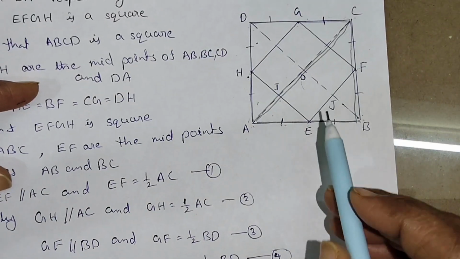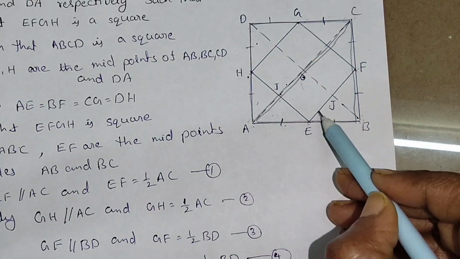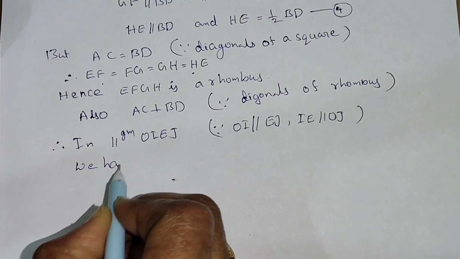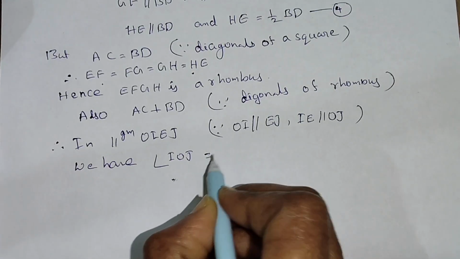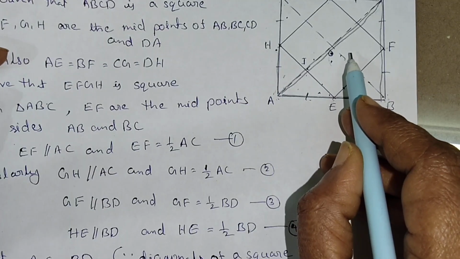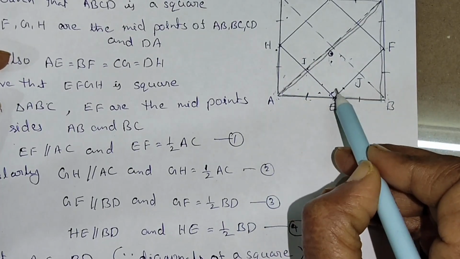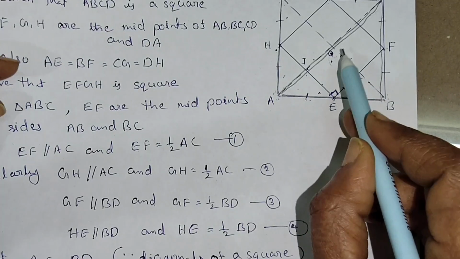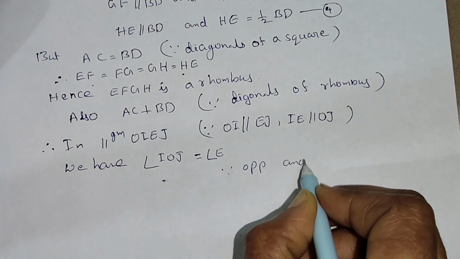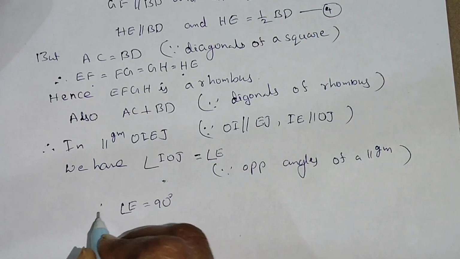So opposite sides are parallel, and we have angle IOJ equal to angle E, since these are opposite angles of a parallelogram. Angle E equals 90 degrees, so angle O is also 90 degrees. Therefore the angle equals 90 degrees.